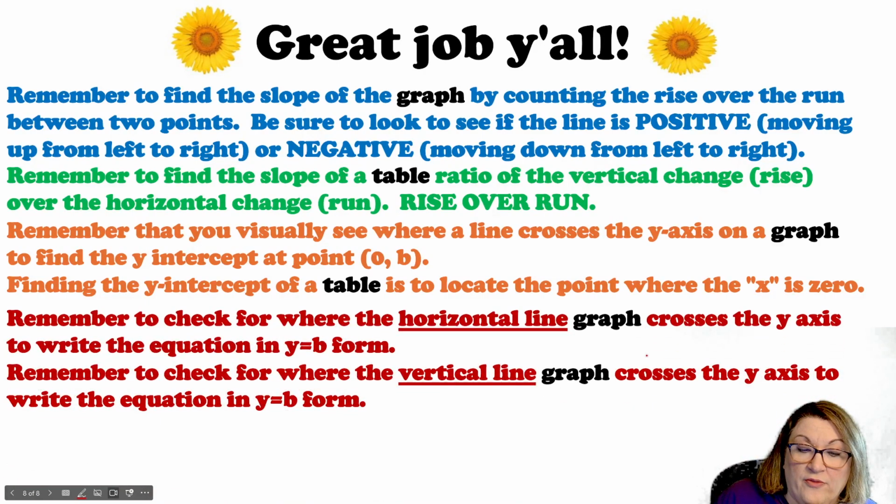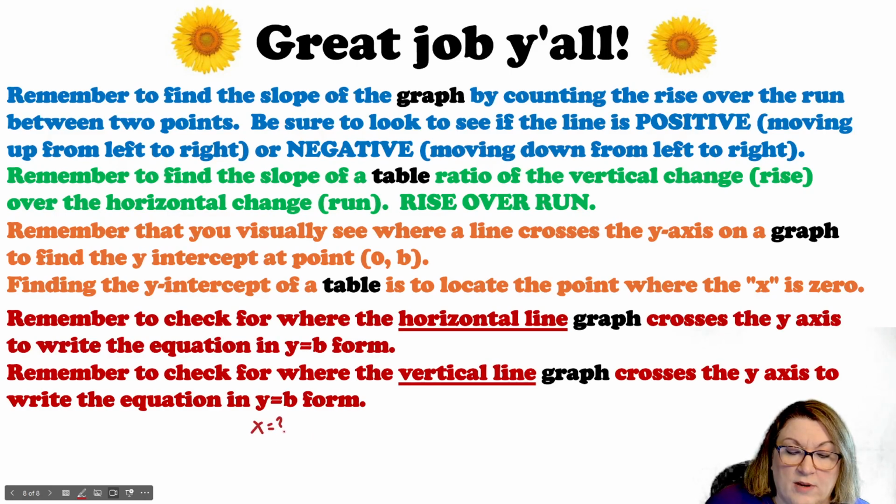Remember to check for where the horizontal line graph crosses the y-axis to write the equation in the form of y equals b. Remember to check for where the vertical line graph crosses the y-axis to write the equation. Oh, that's not right. Hang on, let me fix that. That should be x equals a number.